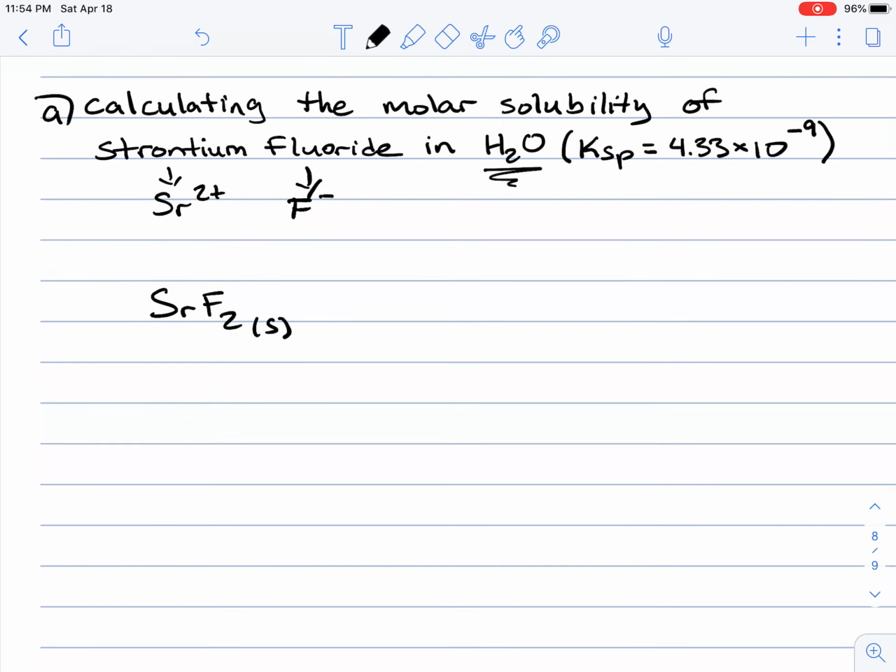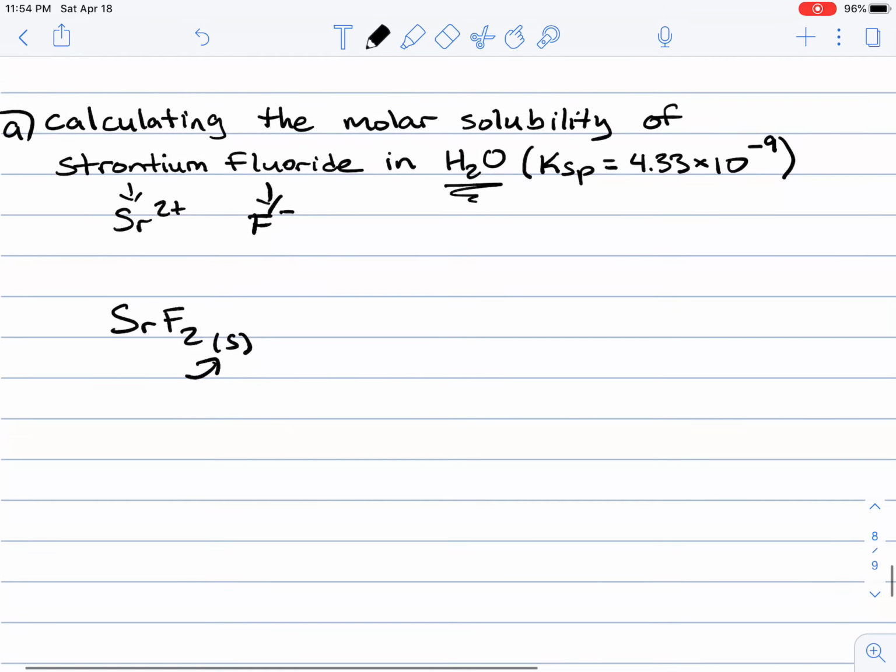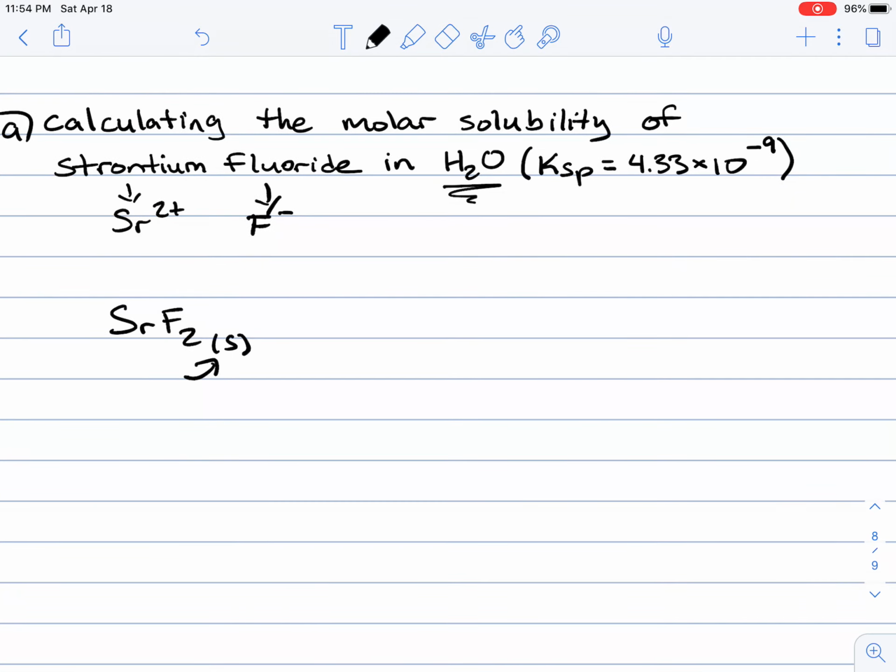Now, how do I know that it's solid? One, you can look at your solubility rules, but I don't think there is a solubility rule for fluoride that I've placed. Typically fluorides are not listed in your solubility rules. And so the gold standard really is looking at the magnitude of the Ksp.